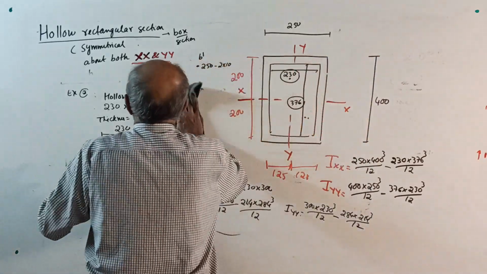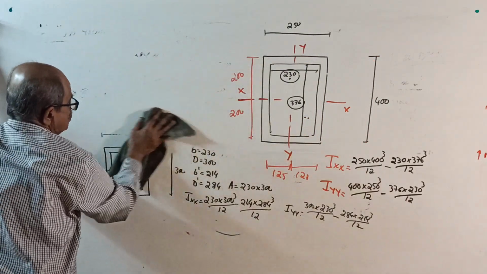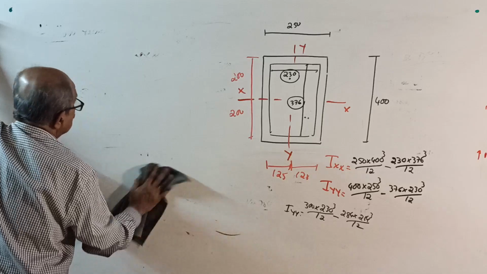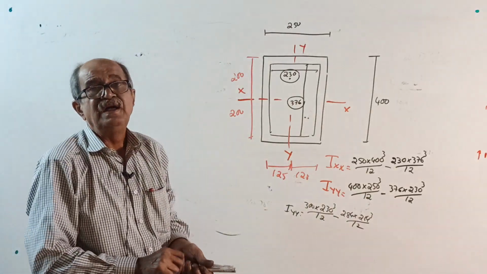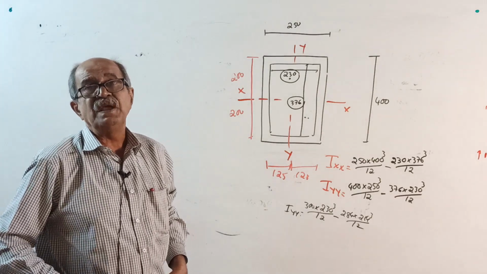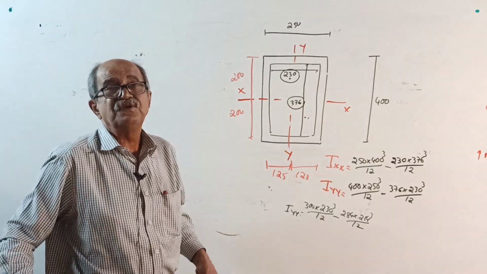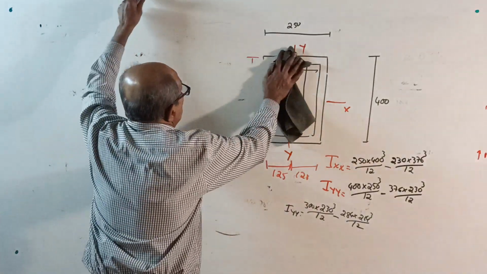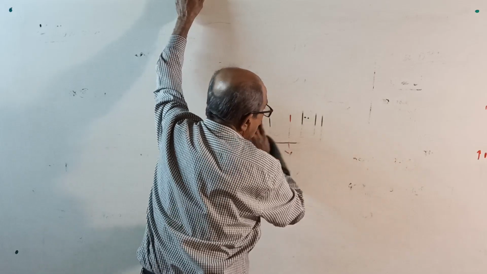See, in case of torsion, they can give solid circular section or hollow circular section, but there you require polar moment of inertia. It is not pi by 64, it is pi by 32, but still no problem. And in case of columns in strength of materials, many times questions are given for a column of hollow circular section.